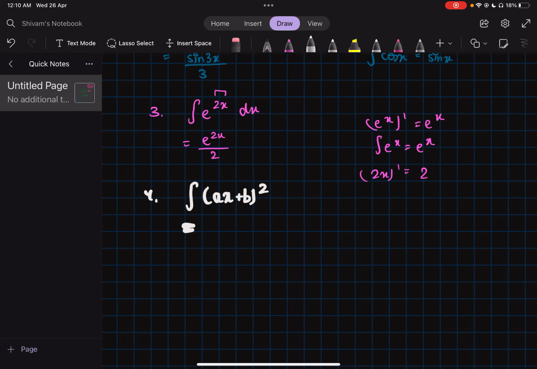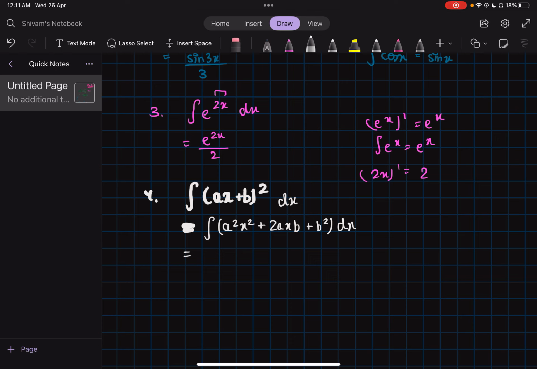What you're gonna want to do is, in integration, you always want to expand and get it in terms of addition or subtraction, because then you can integrate separately. So I'm gonna expand this. That gives you a²x² plus 2abx plus b². I've not started integrating yet, I've just expanded it.